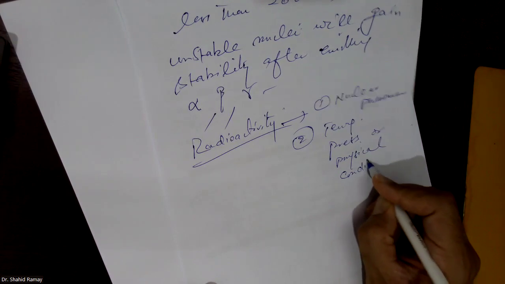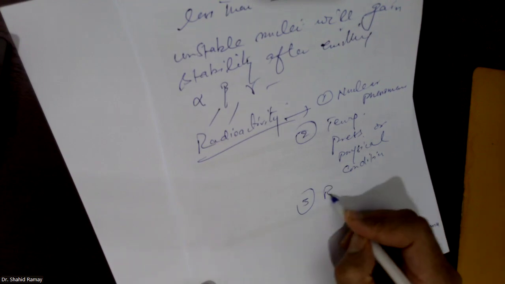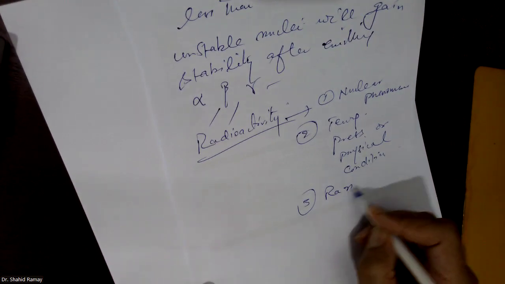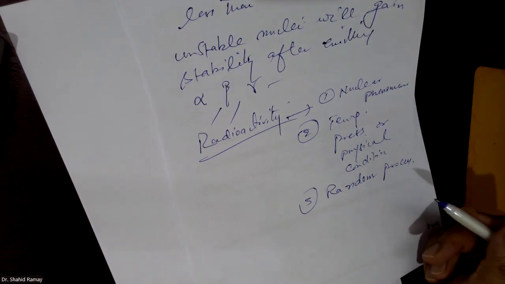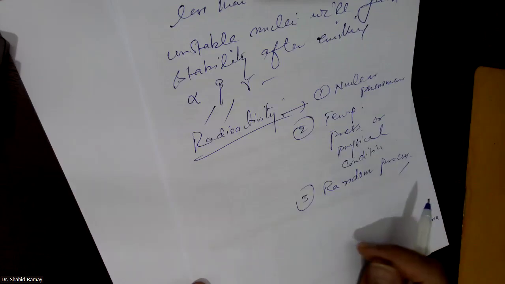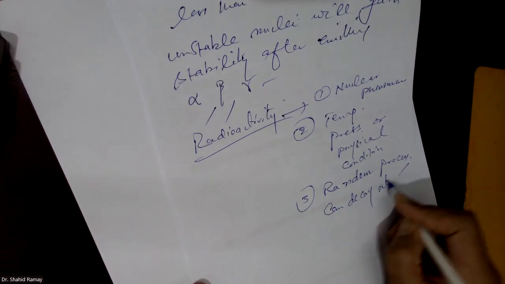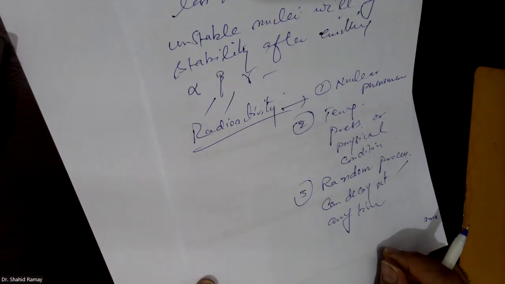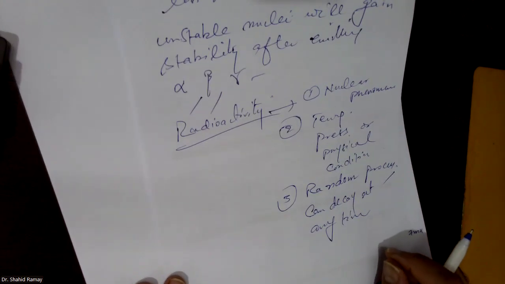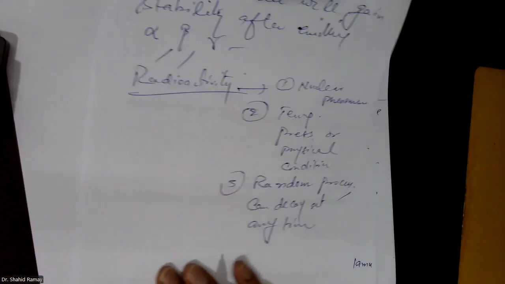The third thing, radioactivity is a random process. Random process means a nucleus can decay at any time. So radioactivity exists in unstable nuclei, and after emitting alpha, beta, and gamma, they become stable.